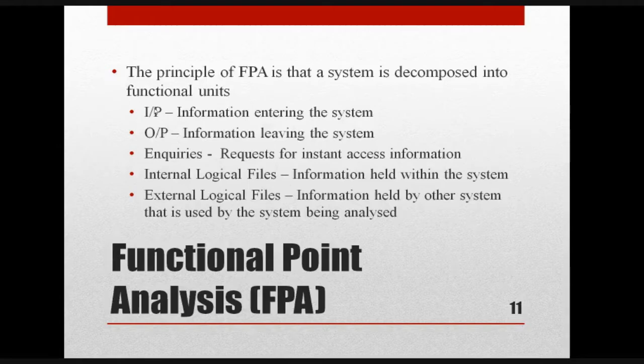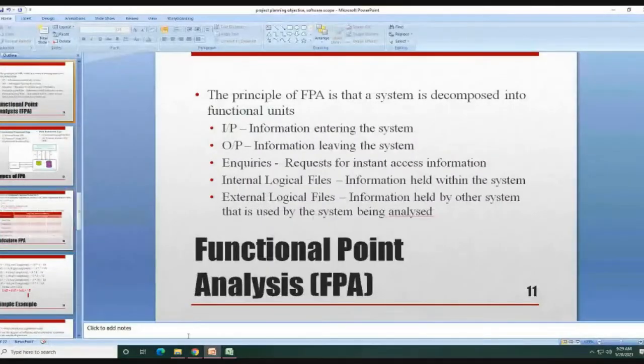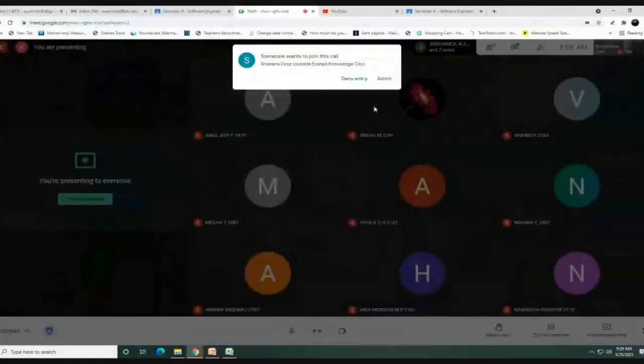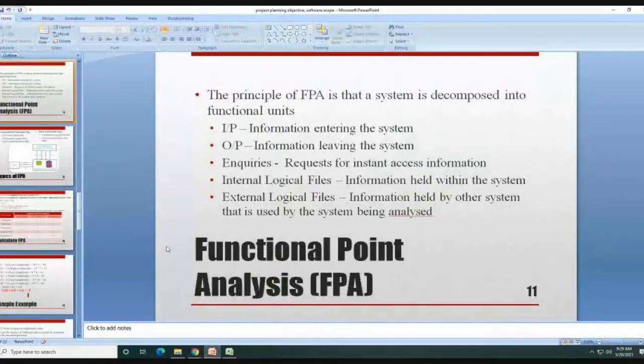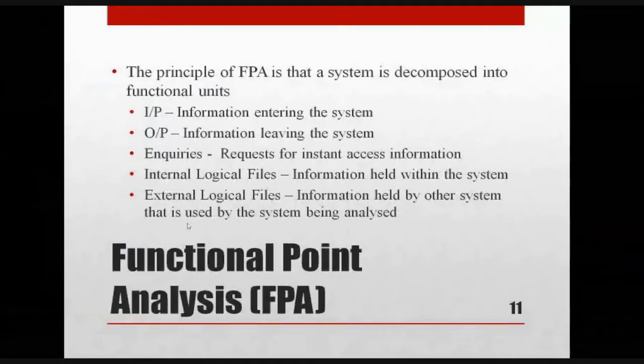What is external logical files? Fine. So external logical files, what is that? It is the information held by other systems that is used by the system being analyzed, right?